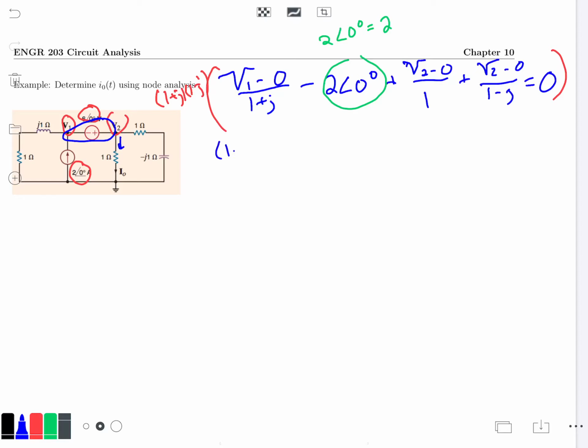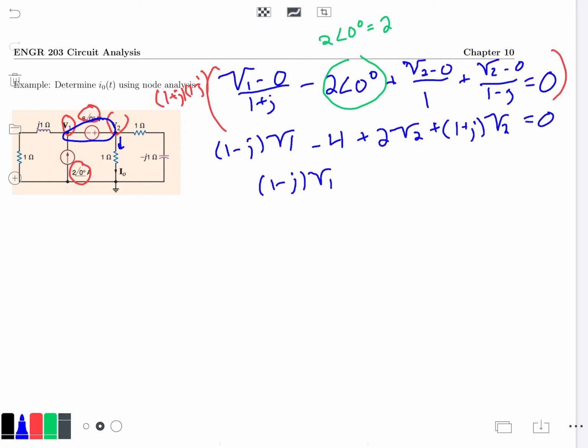So then I would have 1 minus j times V1 minus 4 plus 2 V2 plus 1 plus j V2 equal to 0. And so at this point in time, we now can combine like terms, and I would have 1 minus j V1, and then it looks like a total of 3 plus j V2 equal to 4. So there's my first equation.